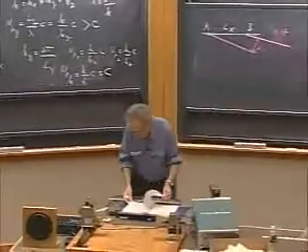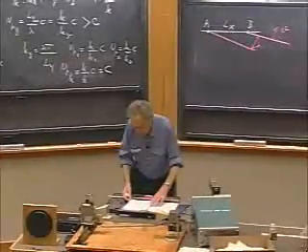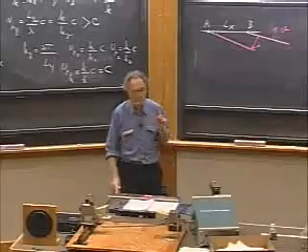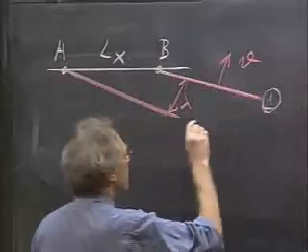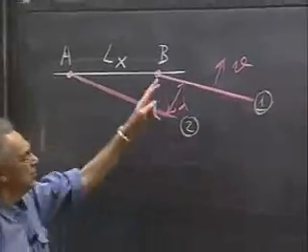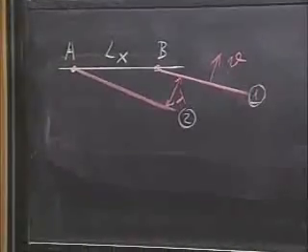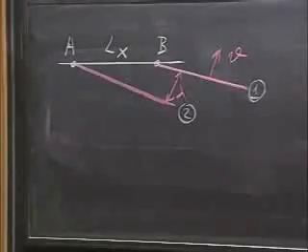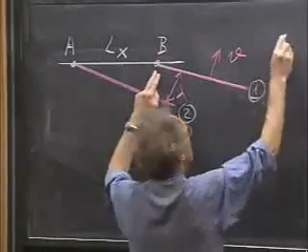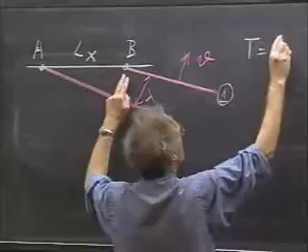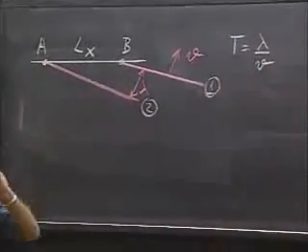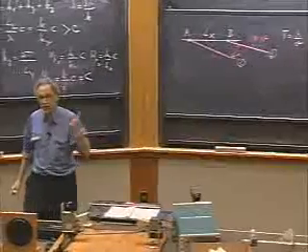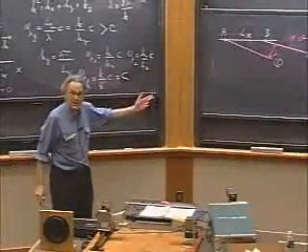Now, the difference in arrival time between wave 1 and wave 2 at point B is the period of the wave, which is simply lambda divided by v. That is trivial. But that's not only the case for point B, that is also the case for point A.